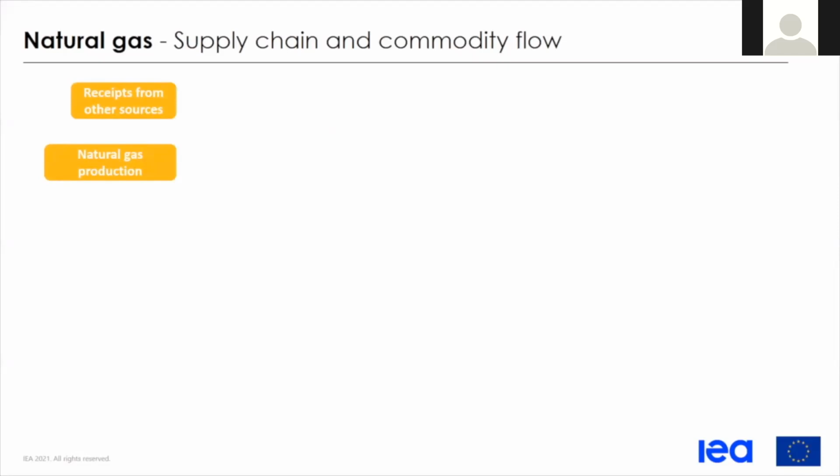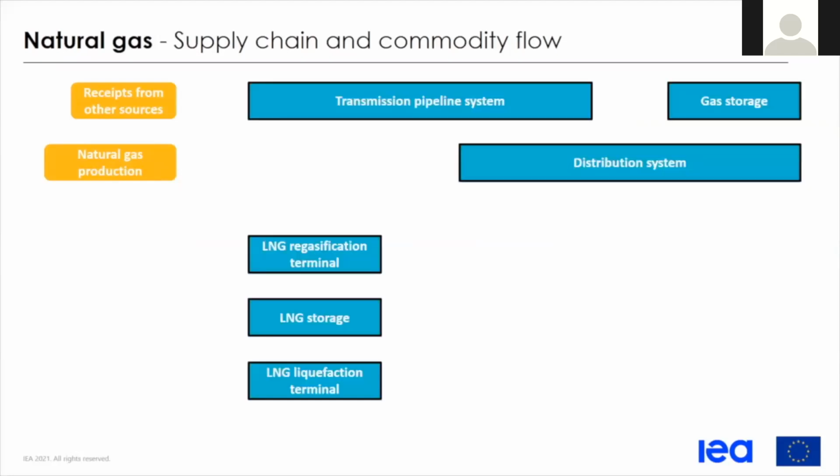We also cover in our methodology the infrastructure that connects productions with consumptions. So this includes the transmission pipeline systems, the distribution systems, and the LNG terminals in the country.